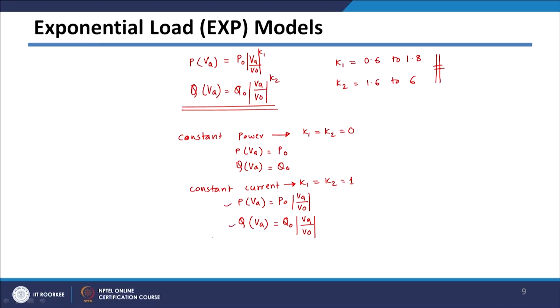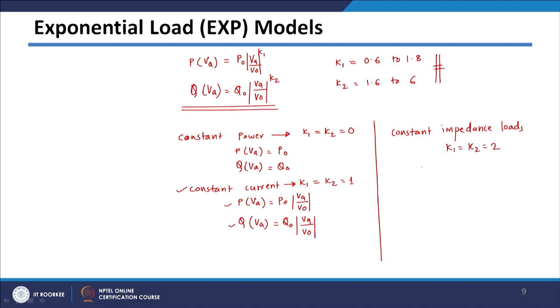In this case we can see that these loads are proportional to voltage, which is why they are constant current loads. In case of a constant impedance load, K1 equals K2 equals 2.